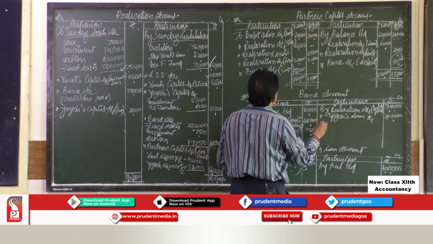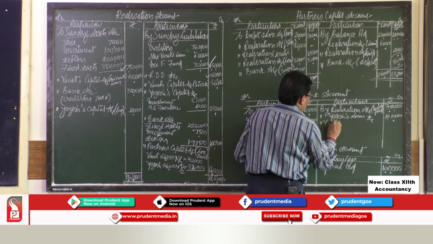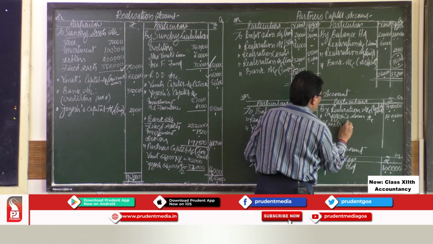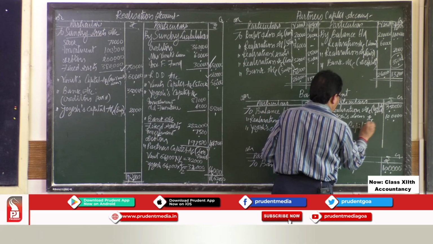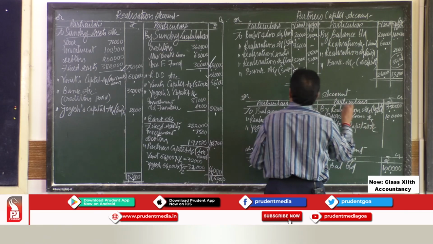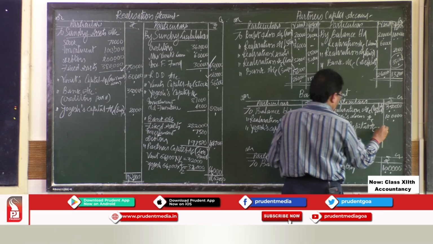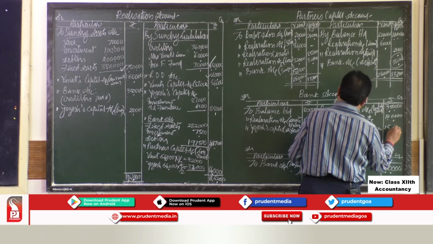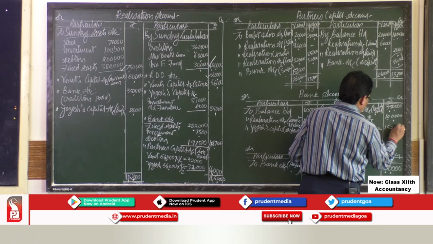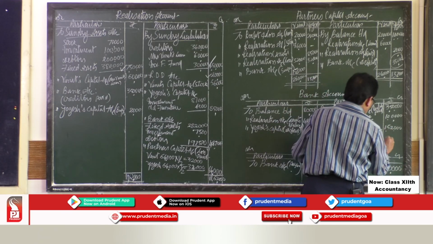So in bank account, it is by Vinith's capital account. This is paid in final settlement. Final settlement 1,52,000.